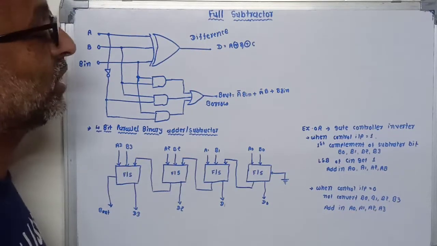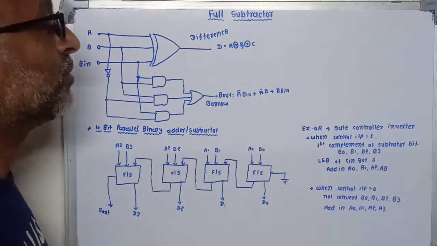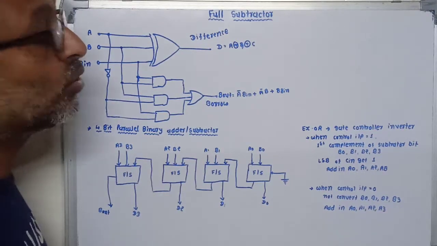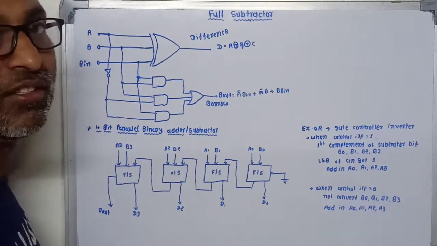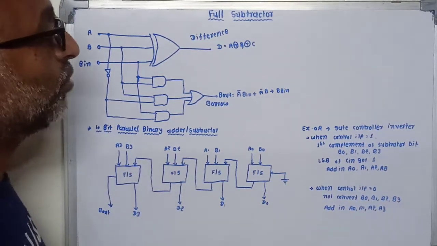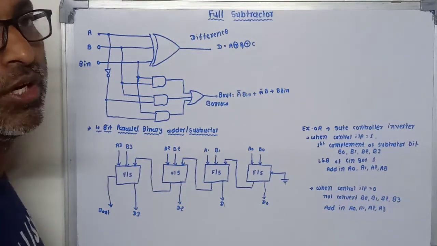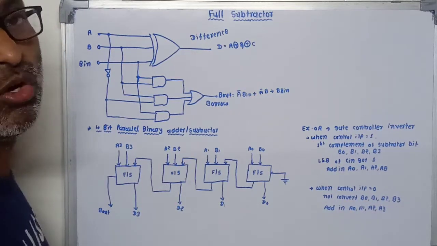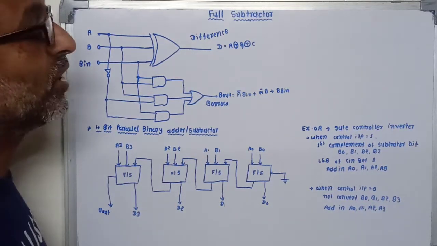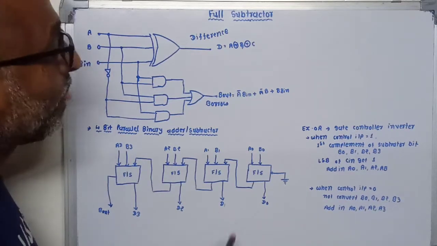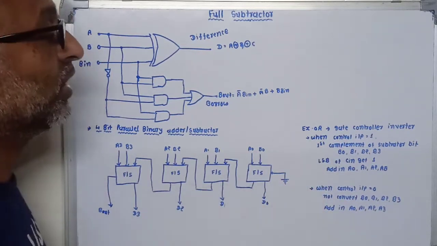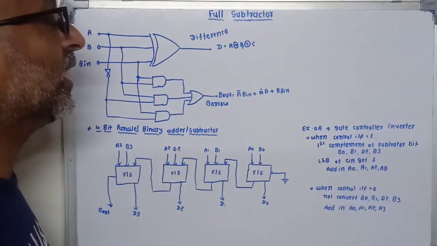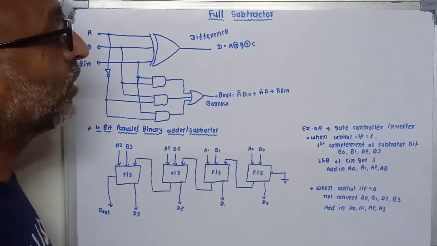Already we have seen that to subtract binary numbers, we can use the 2's complement method. So here we are using the 2's complement method. Whatever your subtracted binary number is, first it is converted into first complement and then 1 is added, which becomes the 2's complement. Similarly, when the control input is 1, the subtracted bits B0, B1, B2 and B3 are inverted into first complement.